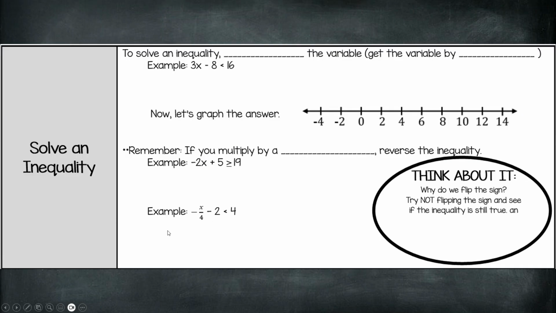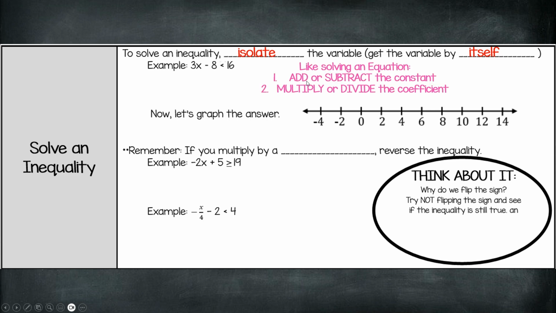All right, so now we're going to solve an inequality. To solve an inequality, we want to isolate the variable or get the variable by itself. So, for example, we have 3x minus 8 is less than 16. Our first step is going to be to add or subtract the constant.